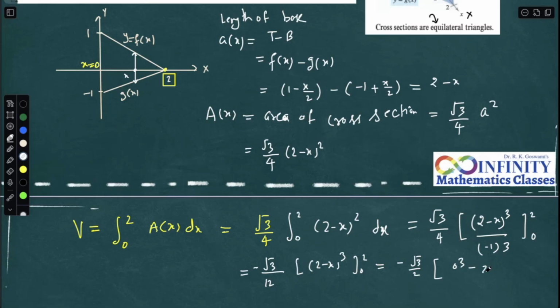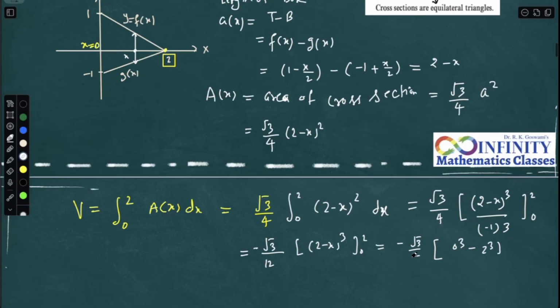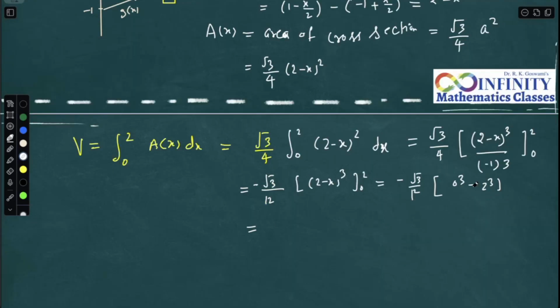When you put 0, it is 2 cube. So negative 2 cube is going to be 8. Negative negative will become positive. It is 8 square root of 3 by 12. You can just use 4 2s are 8, 4 3s are 12. It is 2 square root of 3 by 3. This is how we should get the volume.